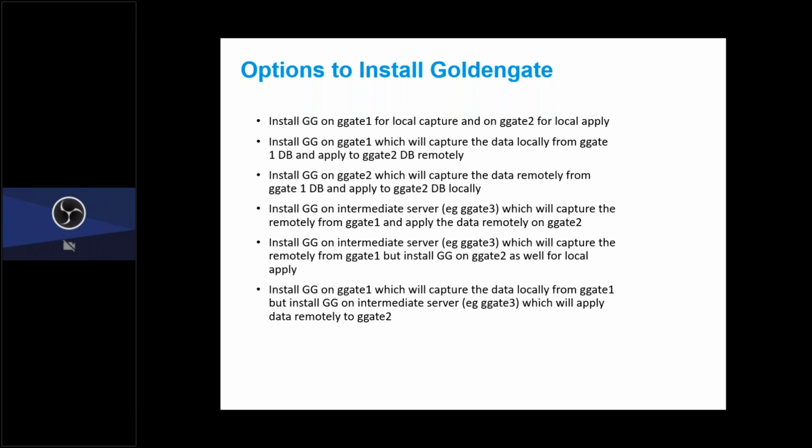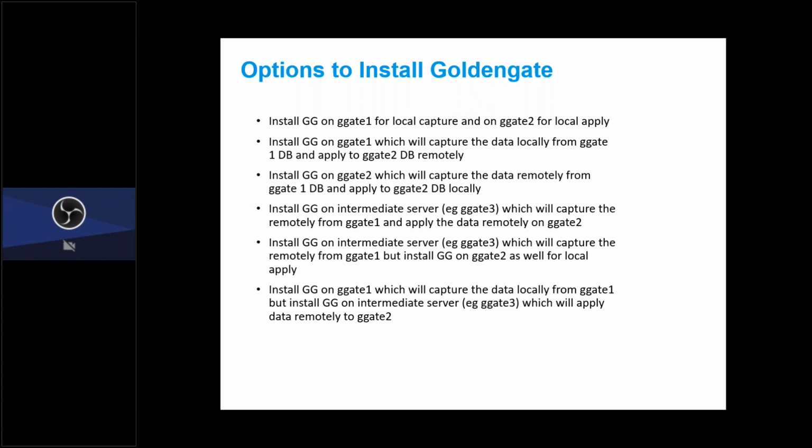We will have local databases on Gate 1 and Gate 2. So the database on Gate 1 will act as source and the database on Gate 2 will act as target. From Gate 1 we'll extract the data, and on Gate 2 we have installed Goldengate where our replicate will be created and we'll apply the data.